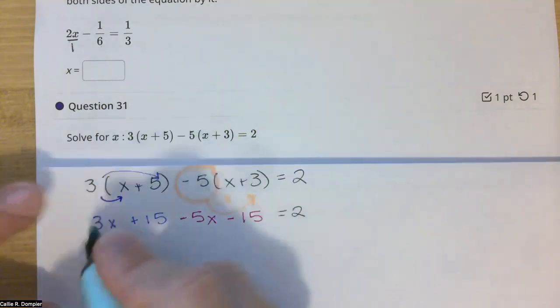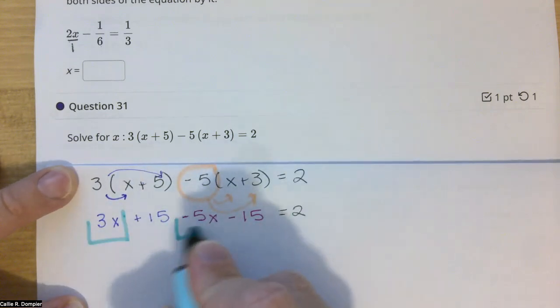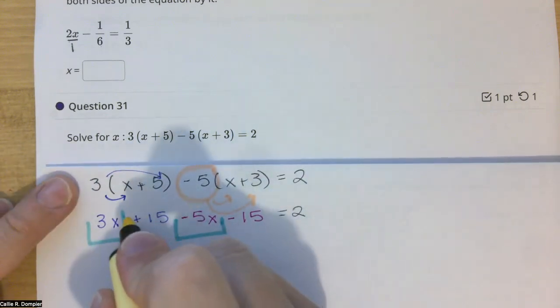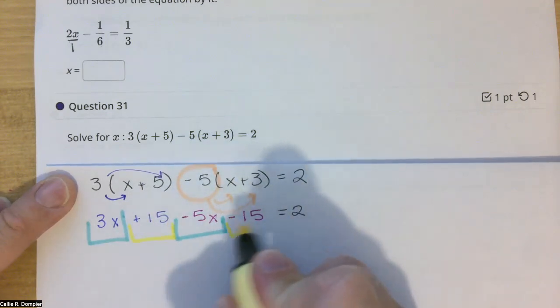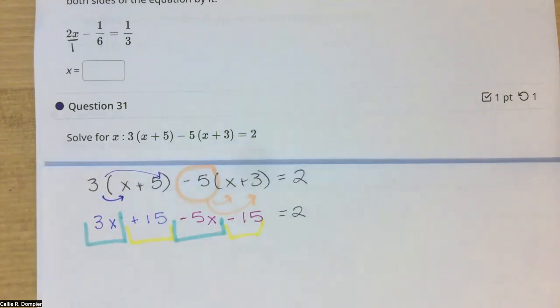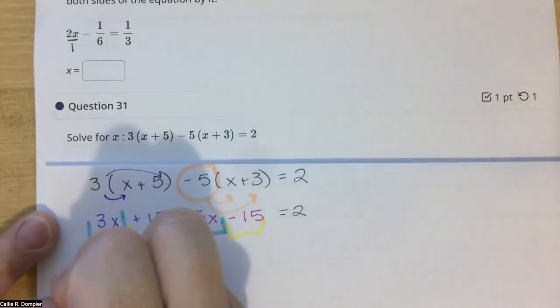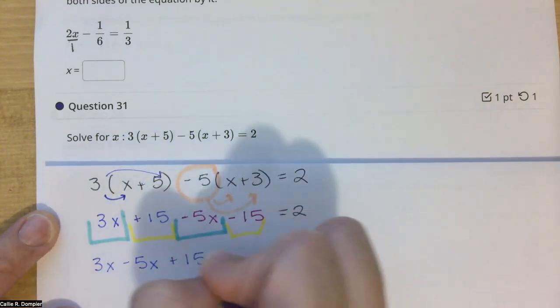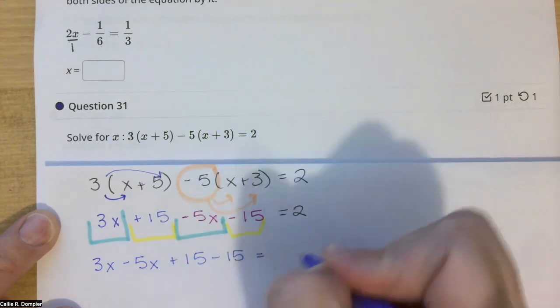Now we just combine like terms. We have 3x and -5x. Make sure you keep that sign with the number. And then we can combine plus 15 and minus 15. So 3x minus 5x plus 15 minus 15. Well, plus 15 minus 15 will be easy, right?